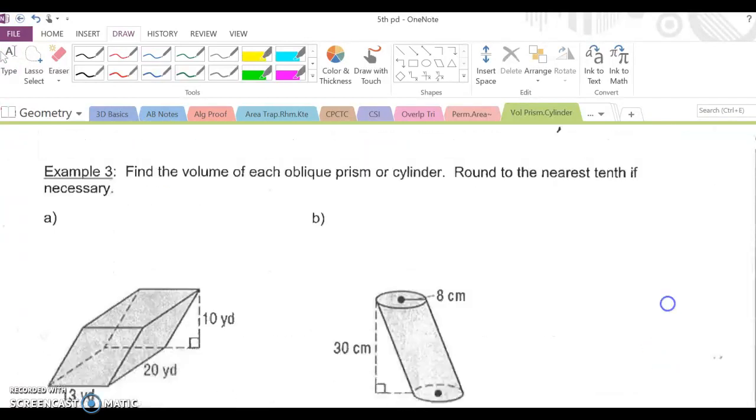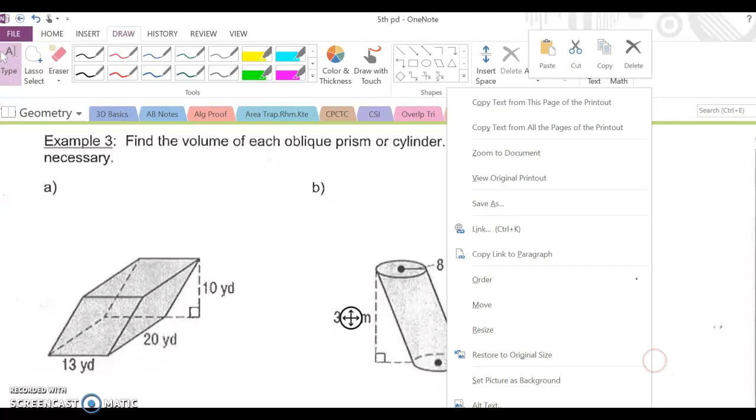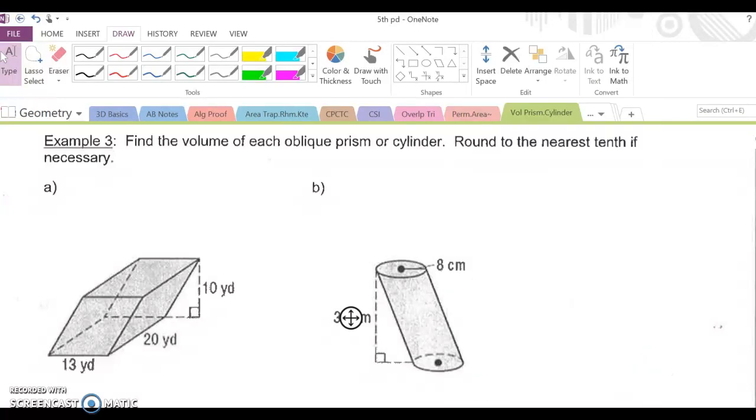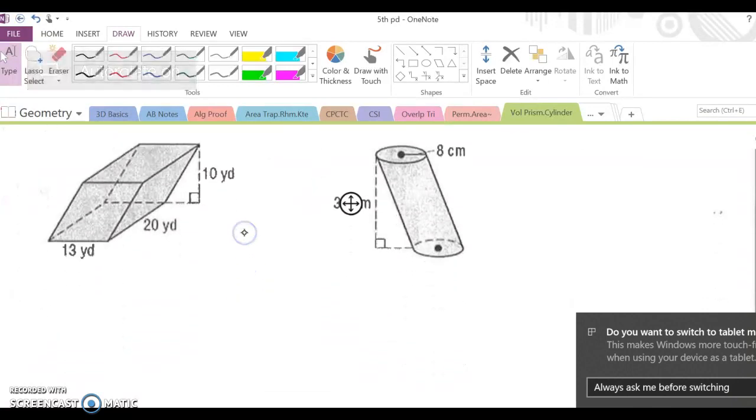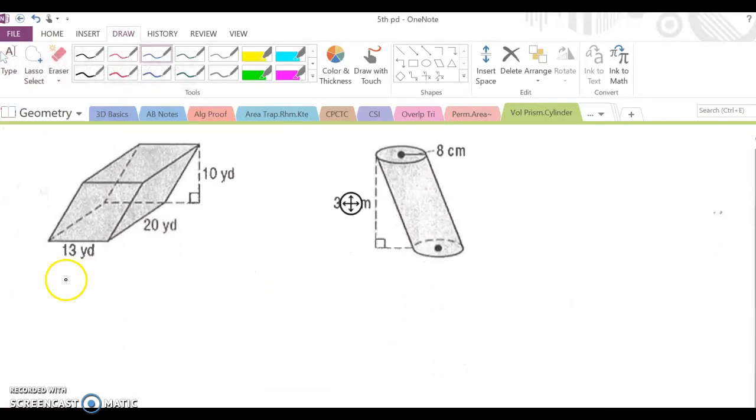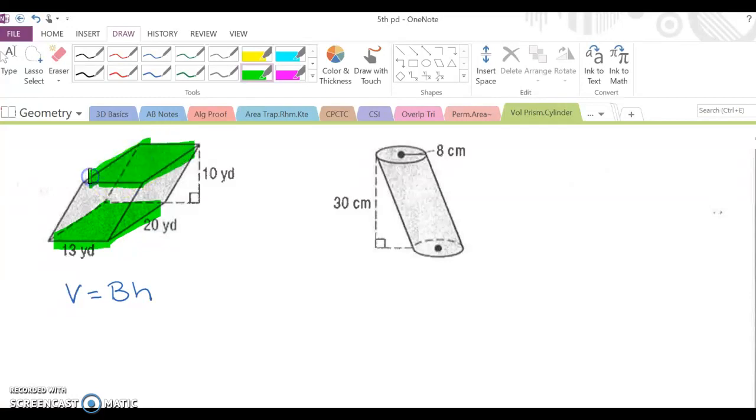So, alright, let's look at some slanty shapes and just make sure that we know what to do with those. The volume of this slanty oblique prism, we know the formula is area of the base times height. In this case, our base is the 13 by 20, and also the top is considered a base.